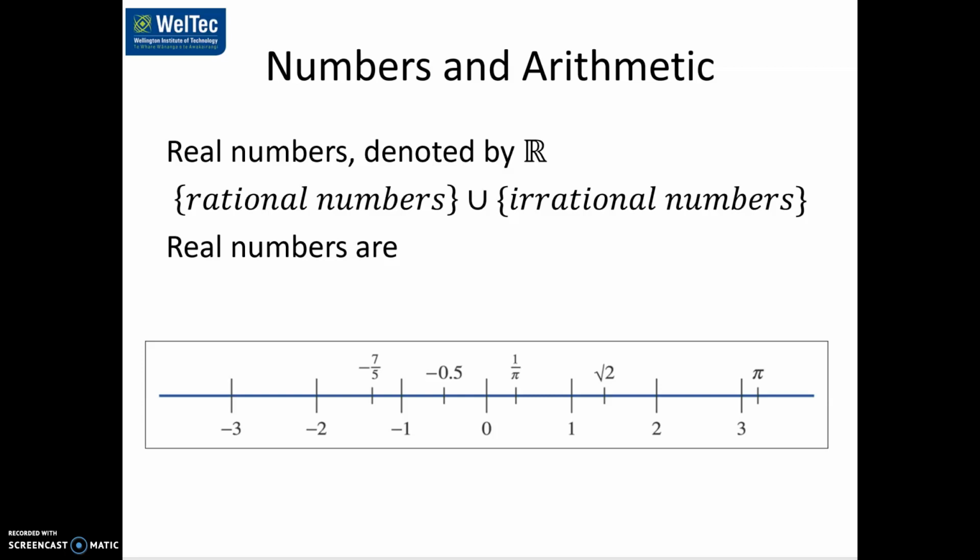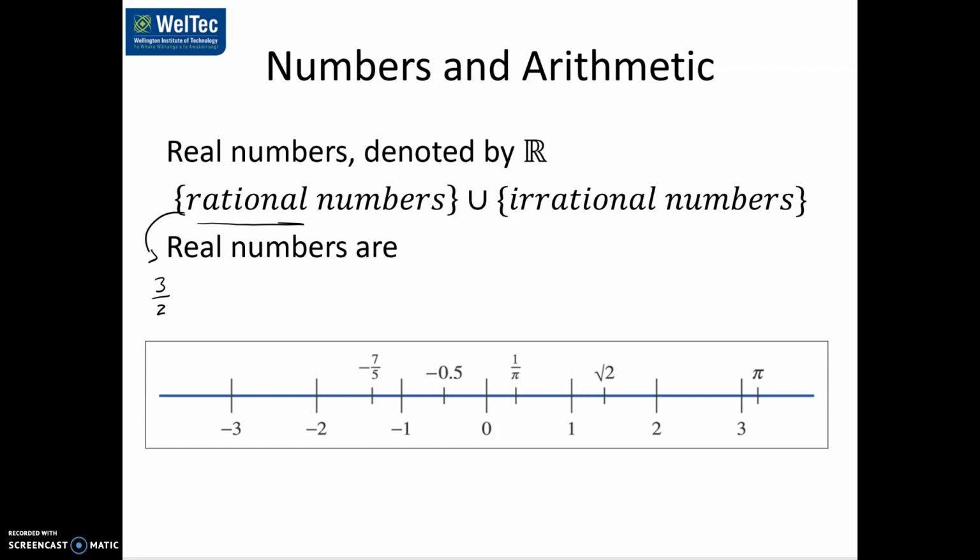We use R, sort of that funny R, to talk about real numbers. And real numbers are a set of 2 smaller sets, the subsets of rational numbers and irrational numbers. A rational number is a number that can be written, as you would think, as the ratio of 2 numbers, say. So a rational number is something like 3/2.